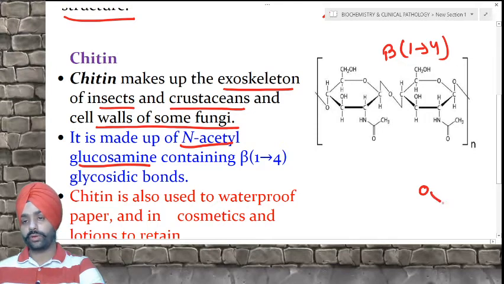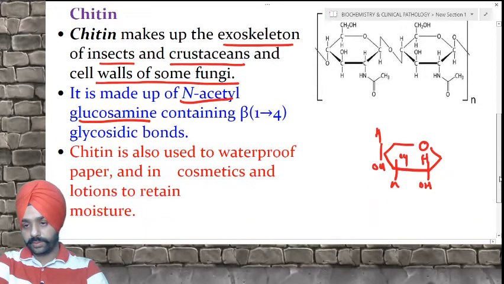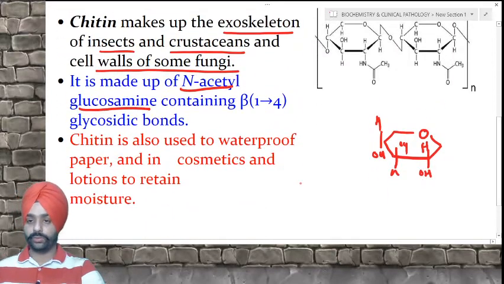Now, let us draw the structure of glucose. This is the structure of beta D glucose.